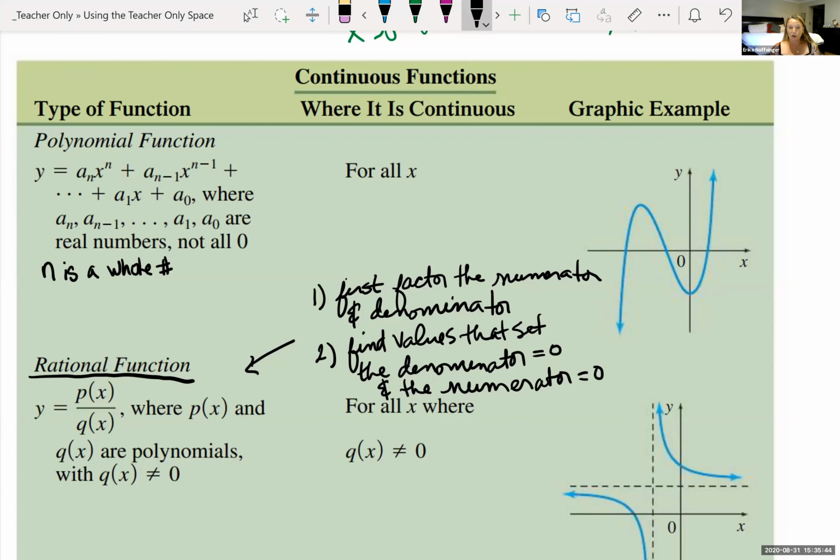Really, we're only worried about the denominator equals 0 because those are the values where it's undefined. But knowing where the numerator also equals 0 can tell us what's happening at that value where it's undefined.